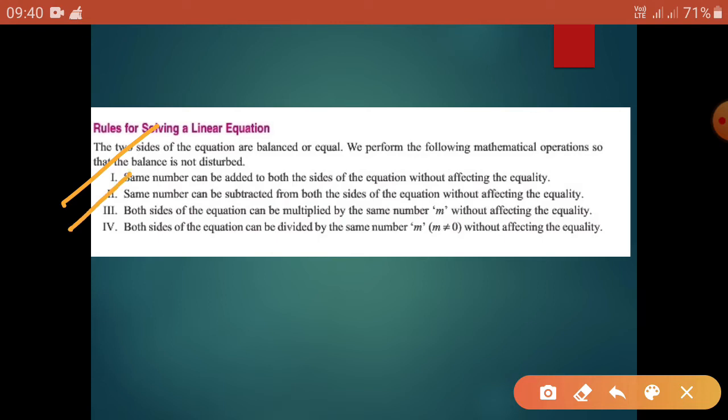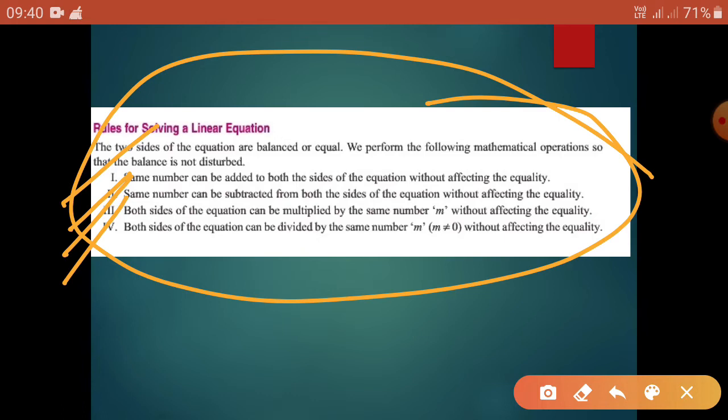Number 2, the same number can be subtracted from both sides of the equation without affecting the equality. Number 3, both sides of the equation can be multiplied by the same number m without affecting the equality. And 4, both sides of the equation can be divided by the same number m without affecting the equality. All this we will be learning on the next slides.